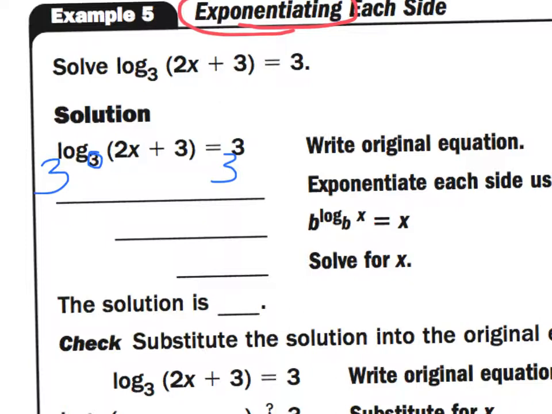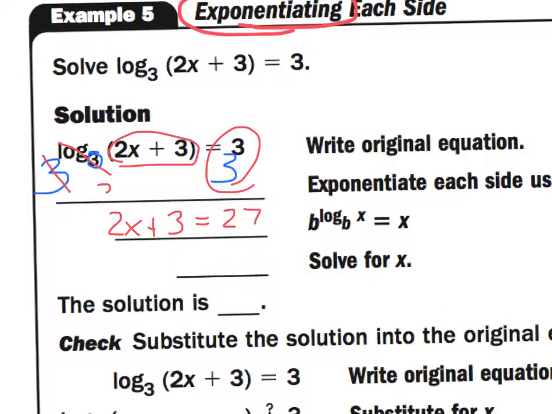I exponentiate each side. Notice what happens here. This 3 drops with that log, and I now am left with this 2x, and let me rewrite it down here, plus 3. And notice what this part here becomes, equals 27.